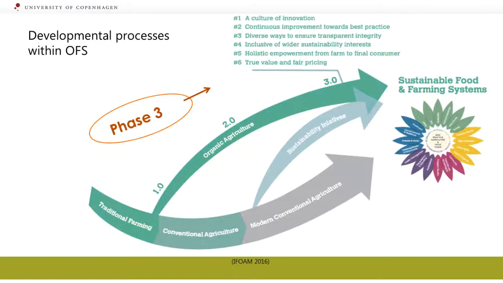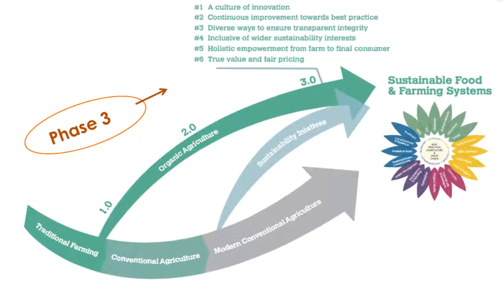Taking the organic food system as a model also means to look at transformation processes of this system. This figure is from IFOAM International, where the further development of organic food systems is described through the Organic 3.0 process.